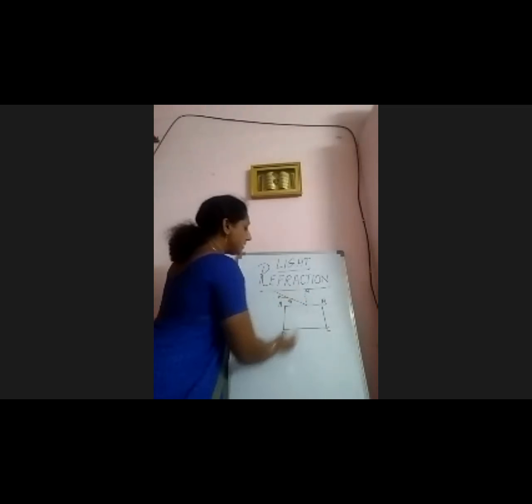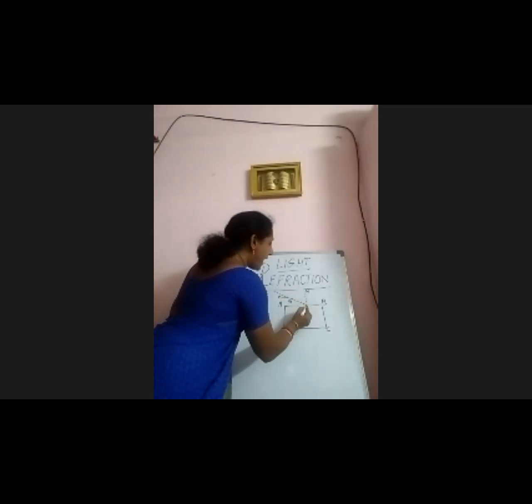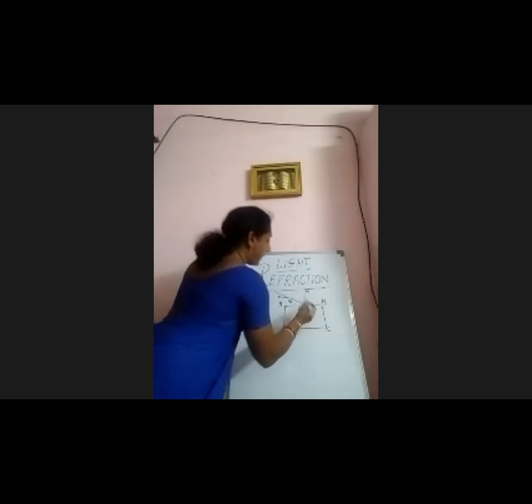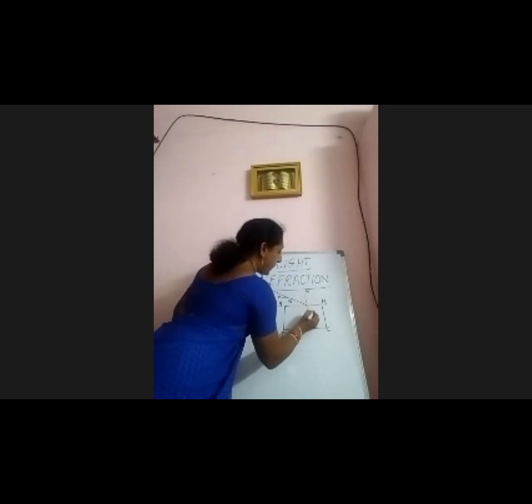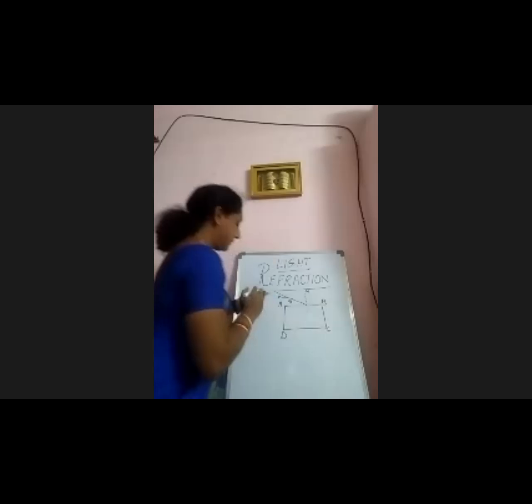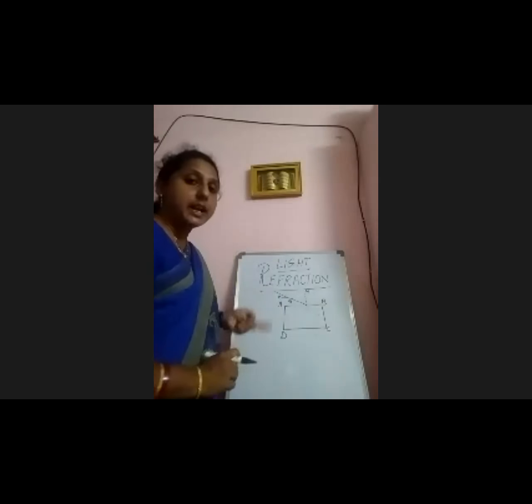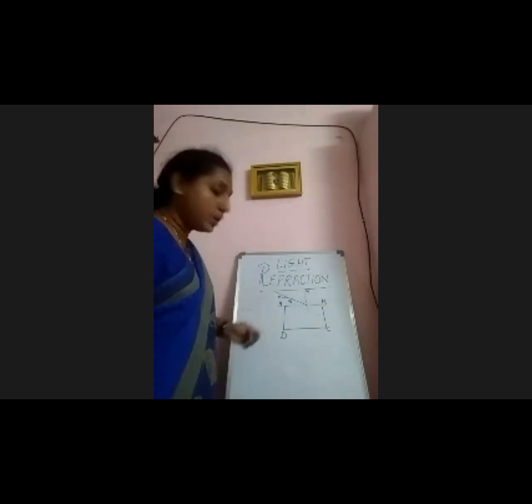Okay, so here one light ray, say Q, is incident on the surface. Actually, what should happen, children? It should pass straight like this, because light always travels in a straight line, rectilinear propagation. We already know that.